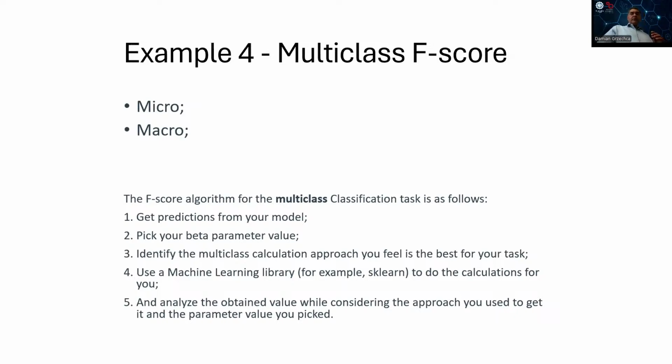So just to conclude this part of the lecture on the multiclass F-score problem, you are familiar with the micro and macro F-score calculations. The algorithm for multiclass classification has some steps.